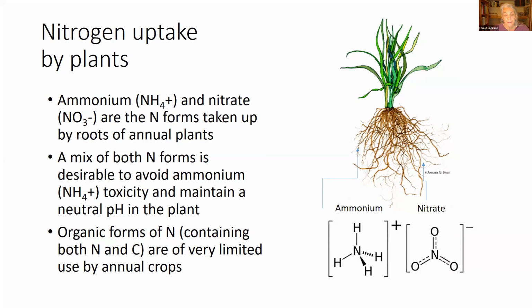In the annual plants that we're working with, we just don't see much in the way of organic forms of nitrogen. In other words, compounds that contain both nitrogen and carbon. It's these mineral or inorganic forms that we see.